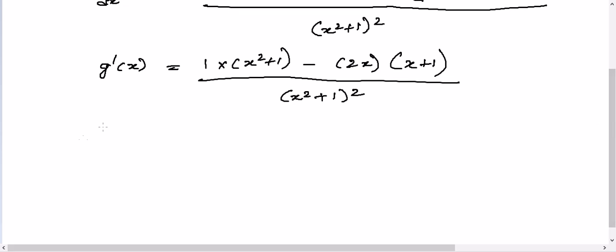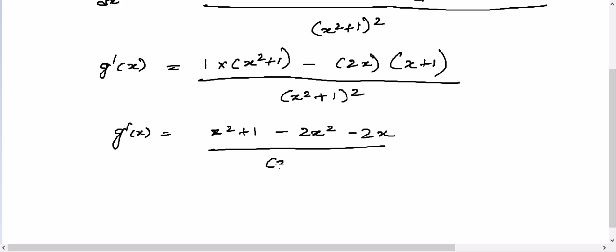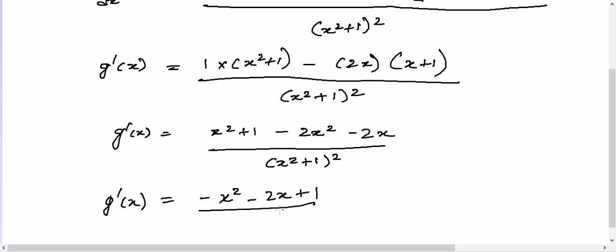So g dash x is x square plus 1 minus 2x square minus 2x, divided by x square plus 1 whole square, that will be minus of x square plus 2x minus 1, divided by whole x square plus 1 square.